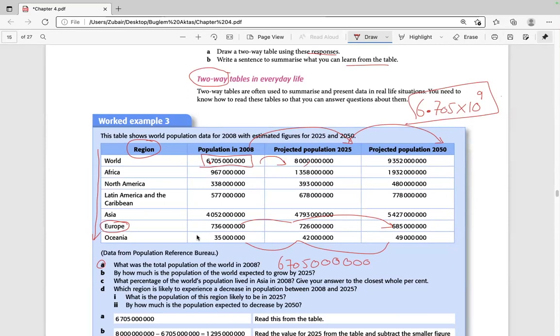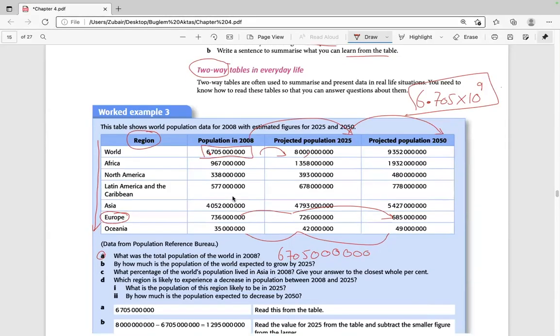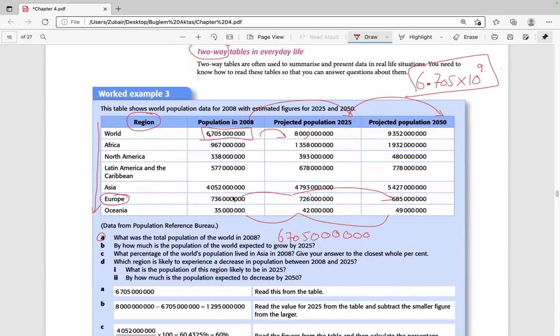Either we write 8,000 million, or we write that there will be an increase of this many people. And in other words too, if I need to find the percentage, I can say it increases by this much percent. Not going into that, I'm waiting for the topic to be here. We study all of that like profit, gain, cost price, loss price.